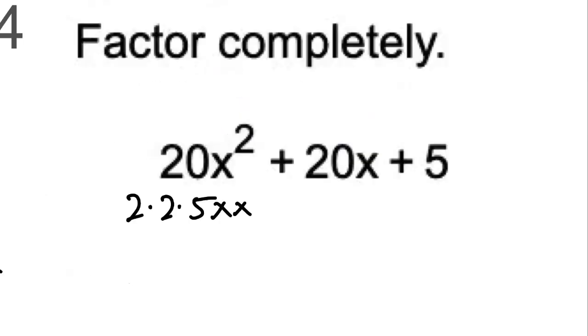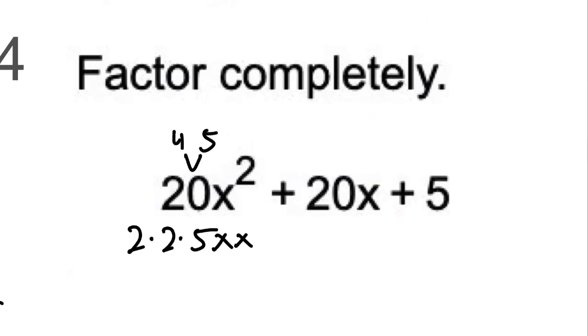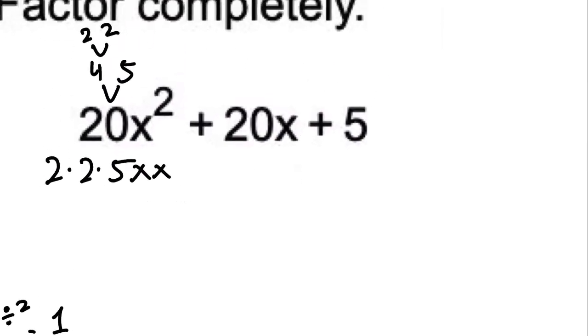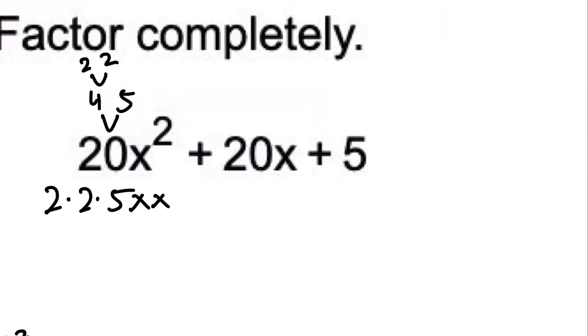Because 20 breaks down to 4 and 5. 4 breaks down to 2 and 2. So you have 2 times 2 times 5. And then the next term breaks down to 2 times 2 times 5 times only 1x. And then 5 breaks down to just 5.